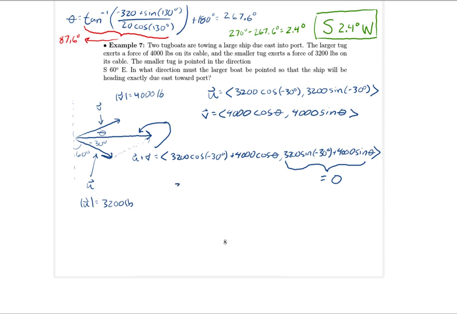So I can say 3200 times the sine of negative 30 degrees plus 4000 sine theta has to equal 0. And by the way, sine of negative 30 degrees is negative a half, so this whole thing turns into negative 1600 plus 4000 sine theta.